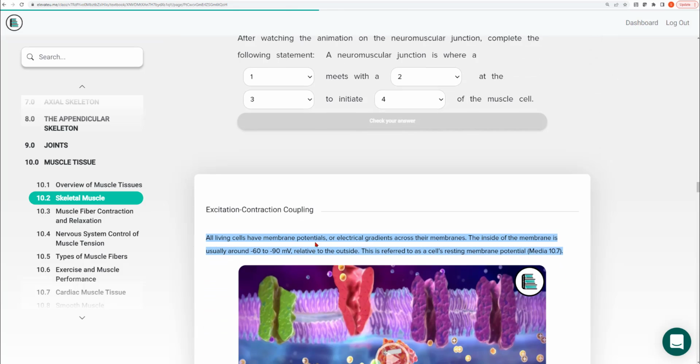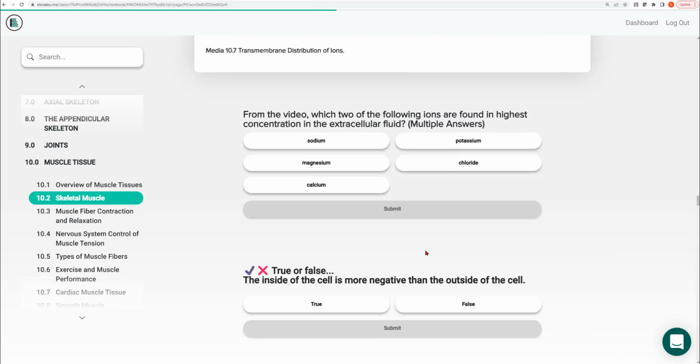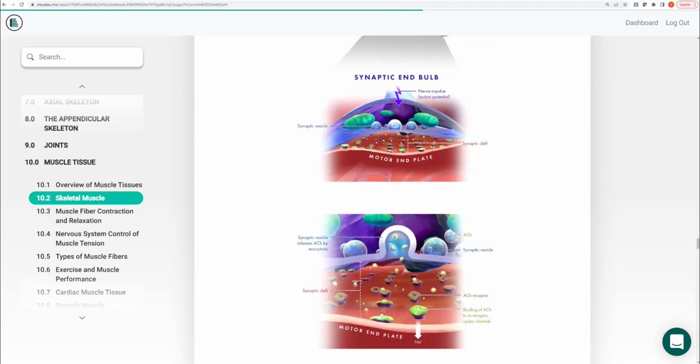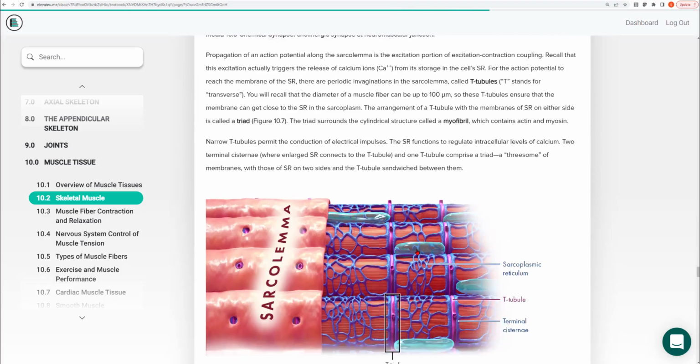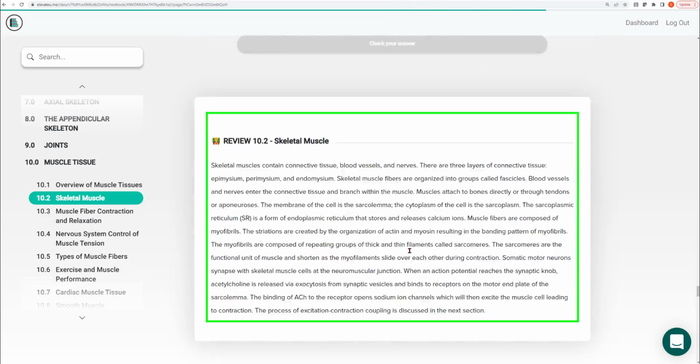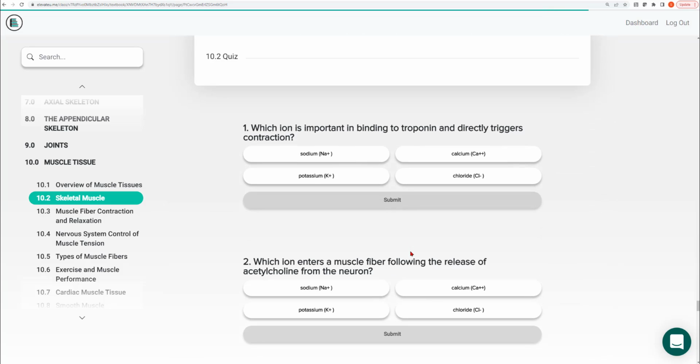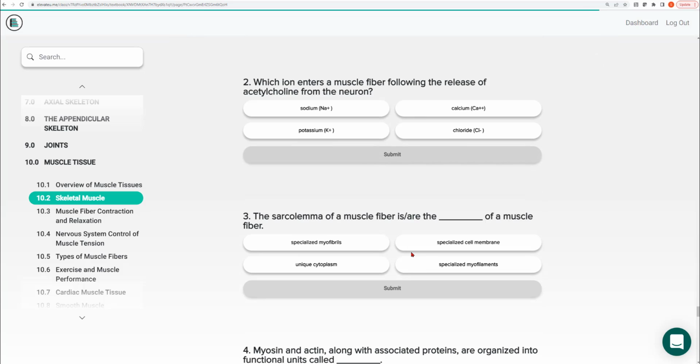You'll see I put blue here, but this is just a roadmap for me. The rest of 10.2, excitation-contraction coupling, don't worry about any of these. Therefore, also don't worry about the questions that are down here. When it comes down to the very end, you do not need to worry about any of these questions.